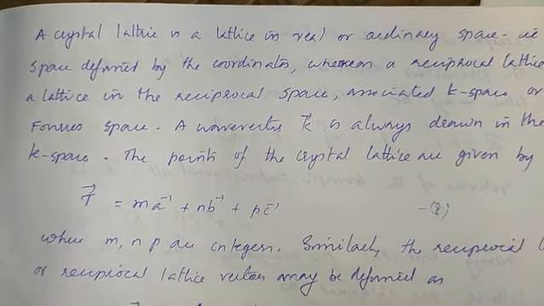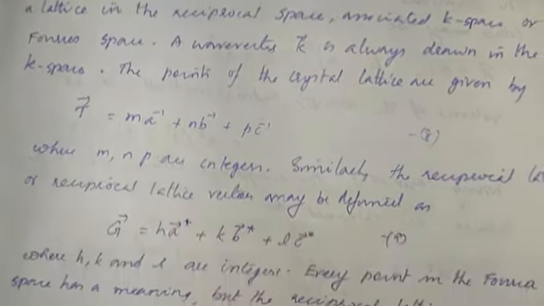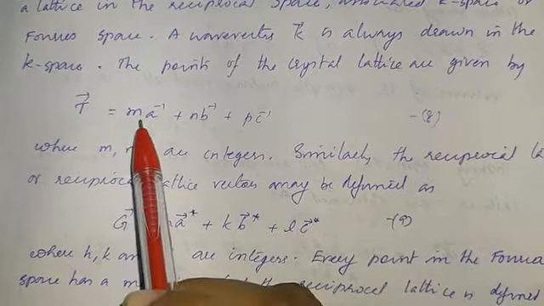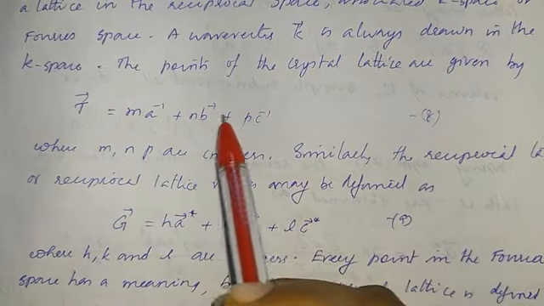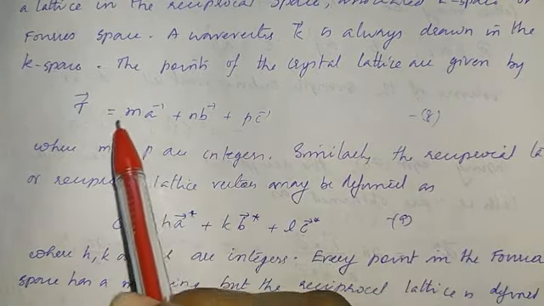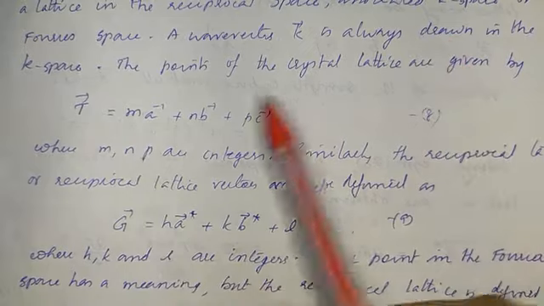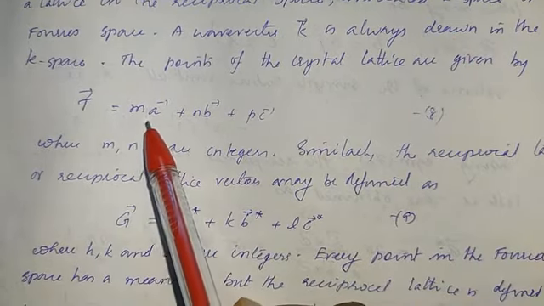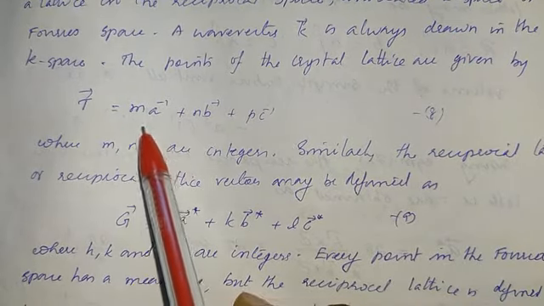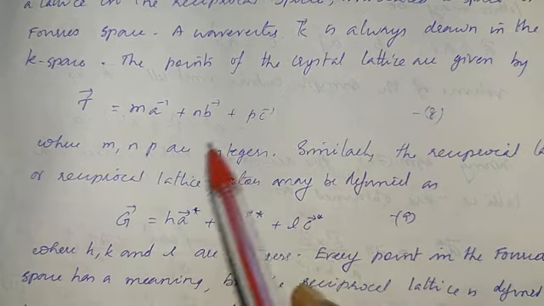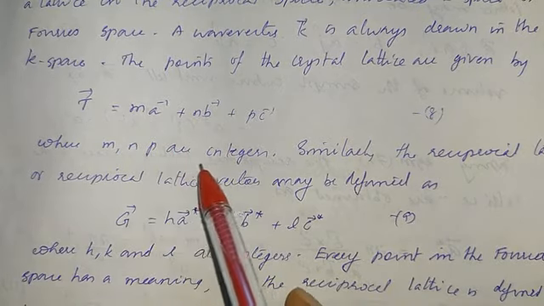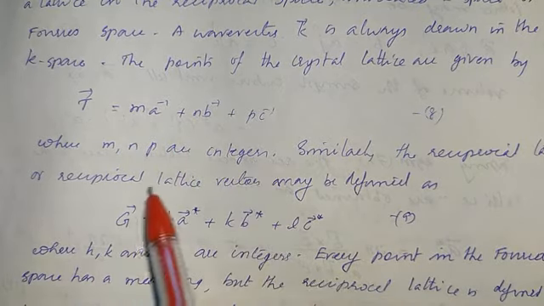The points of the crystal lattice are given by T equal to MA plus NB plus PC. So any translation vector in the original lattice space can be represented by MA plus NB plus PC, where M, N and P are integers.